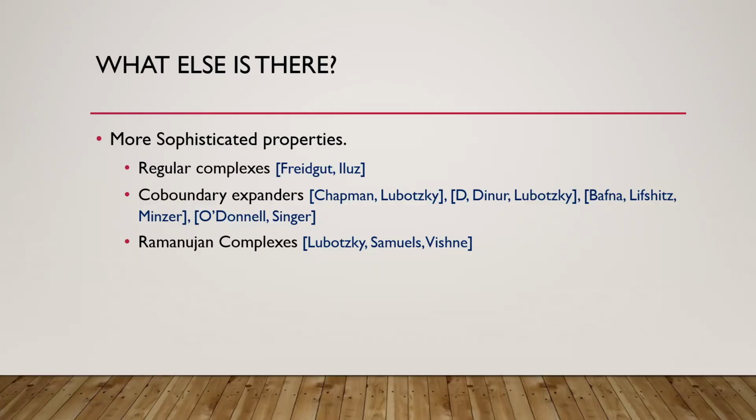But to get co-boundary expanders that are bounded degree, you also need to control something about the cohomology of these complexes. So there it already depends more on the exact parameters. You can't just take any group and quotient or something like that. You need to do something more.